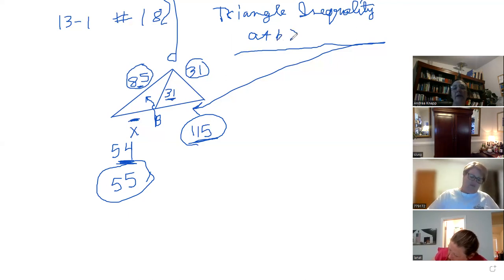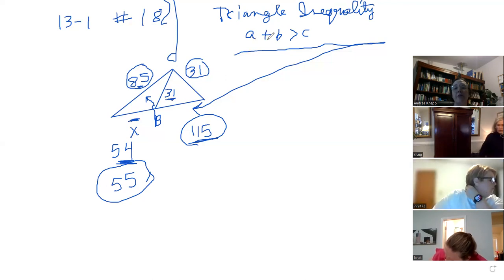Okay, so that says that the sum of any two sides in a triangle has to be greater than the third side. And that has to hold no matter which two sides you're starting with.